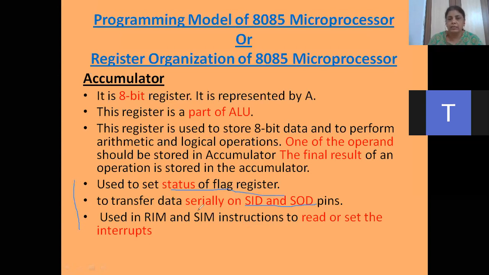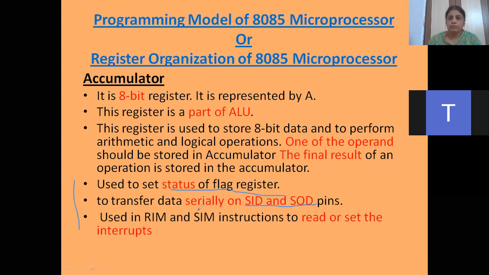So these three things are new for you: it is used with the flag register to set the status of the flag register. I have explained a little bit that because the result is in the accumulator and it is a part of the ALU, if I want to do some special things, my data should be in the accumulator. So this is a very important independent question: what is the accumulator?